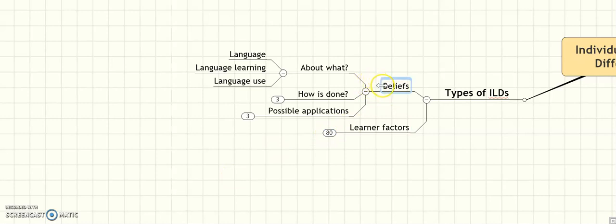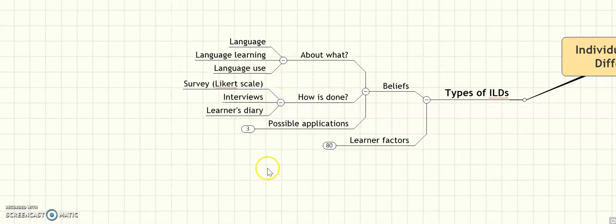And then if we want to study belief, how is it done? We can do research on beliefs by using questionnaires, or using Likert scales, or using interviews, or we can also use learners' diaries.